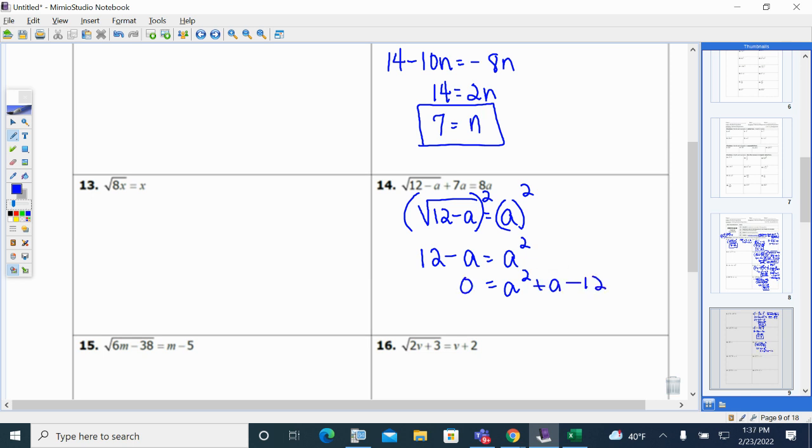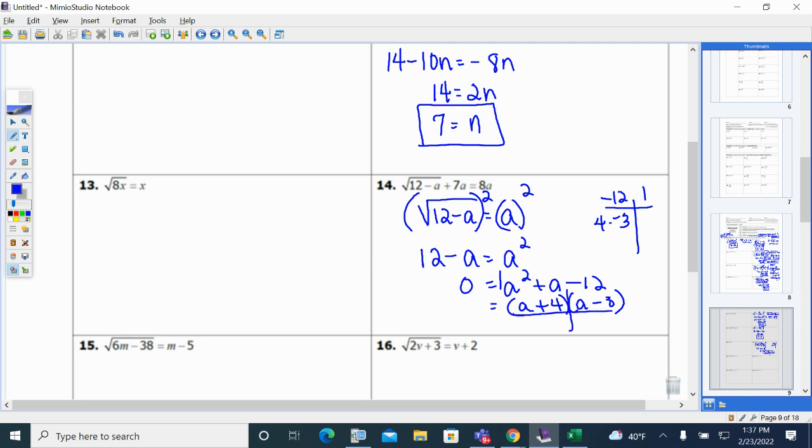And I've got my 0 on one side, and I can very quickly factor this. 2 numbers that multiply to give us a negative 12 that add to give you a 1 will be 4 times negative 3. So this is going to factor into a plus 4 and a minus 3. And again, it's quick because the leading coefficient is a 1.